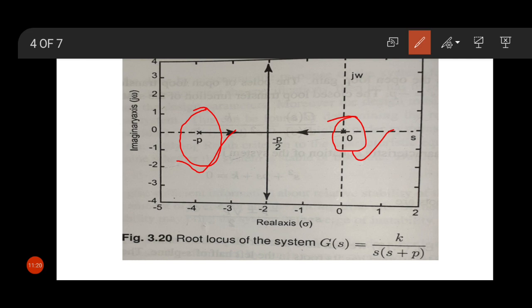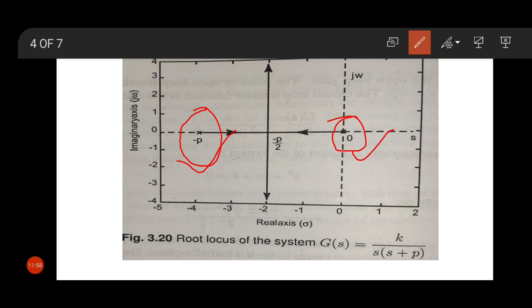I have marked these two roots by cross signs. So when K equals 0, the roots are the same as the poles of the open loop transfer function. We know the open loop transfer function is G(s) equals K divided by s into s plus p, so it has two roots, s equal to 0 and s equal to minus p. So in the closed loop transfer function, if K equals 0, one root is also 0 and the second root is minus p, the same as the open loop poles.